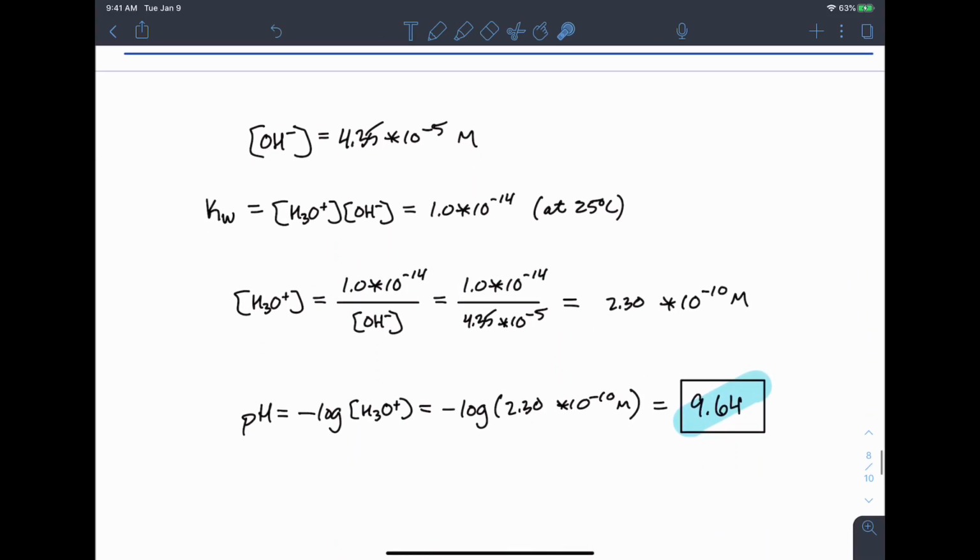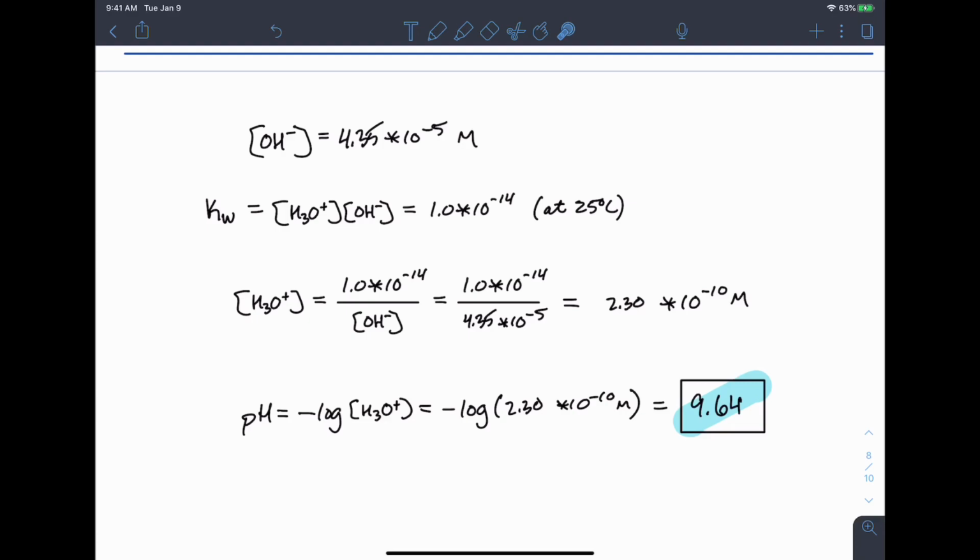All right, so again, what we're going to do is just convert this hydroxide ion concentration into a hydronium concentration. When we do that, same setup as before, we get 2.3 times 10 to the minus 10. And if we take the negative log of that value, we get 9.64. So again, just like in part B of this problem, where our pH just went down a little bit, now our pH has gone up a little bit, which again makes sense because we're adding a base.